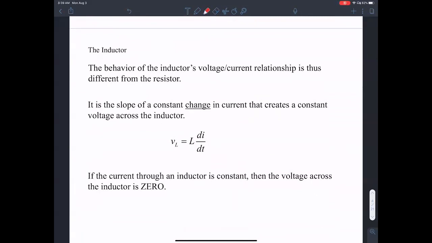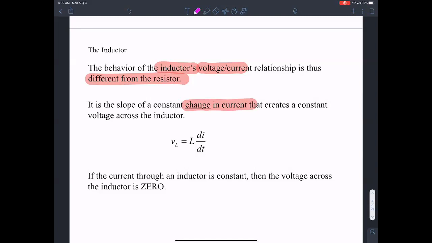The relationship between the voltage and current in an inductance is different from that in a resistance. It's a constant change in current that creates a constant voltage across an inductance.